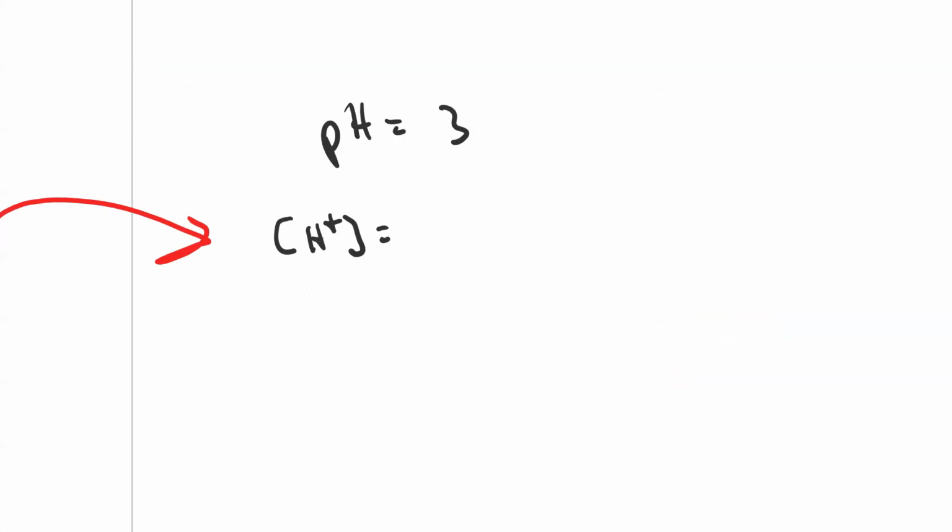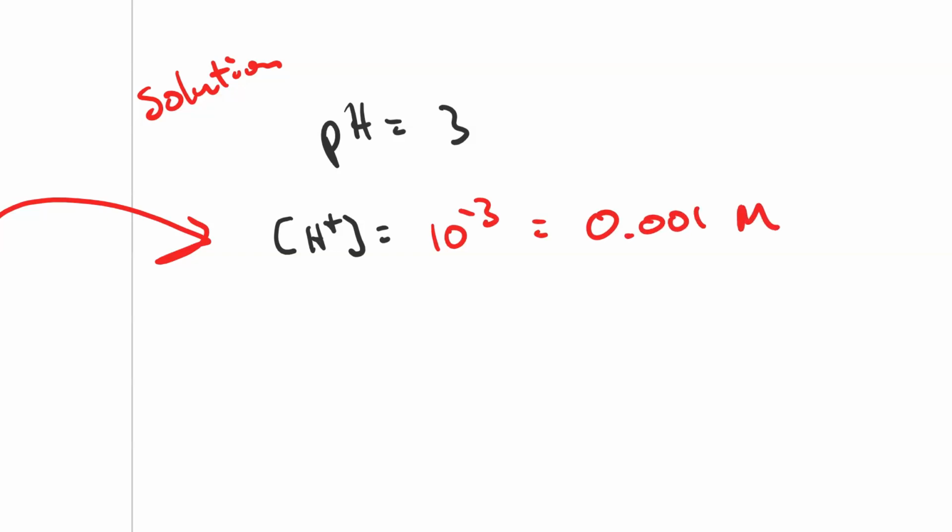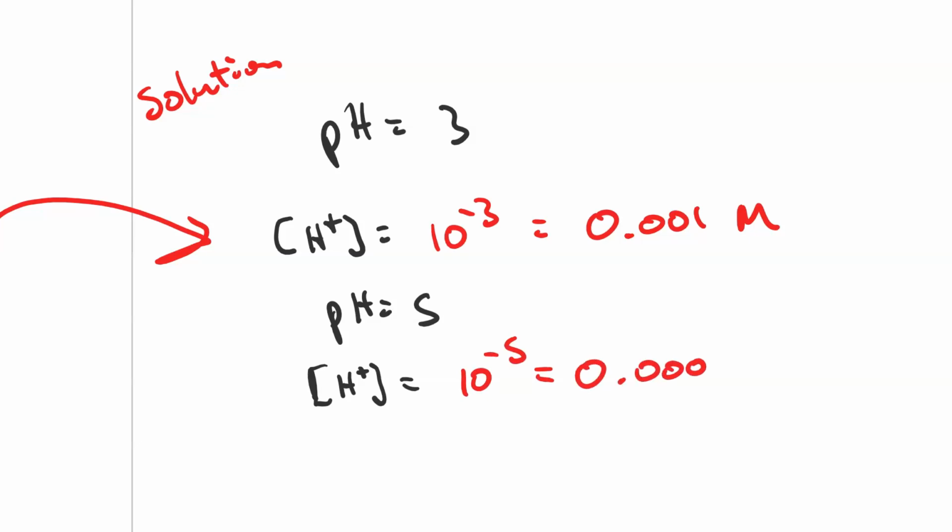So here's my solution. At pH of 3, the H+ concentration equals 10 to the negative third, or 0.001 molar. At pH of 5, the H+ concentration equals 10 to the negative 5, or 0.00001 molar.